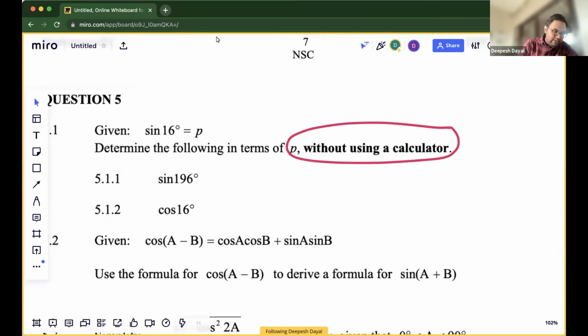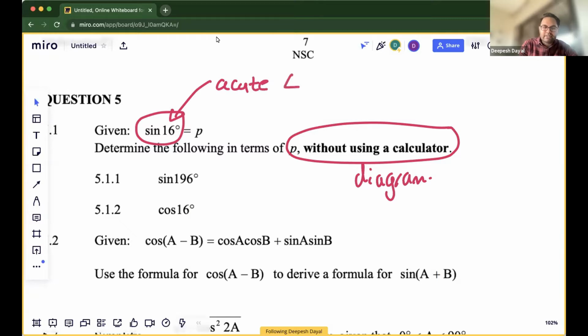So without a calculator, most likely using a diagram. Because we've got sine 16 equals p, 16 is in fact an acute angle. So we're going to be using a diagram in the first quadrant because it is an acute angle.